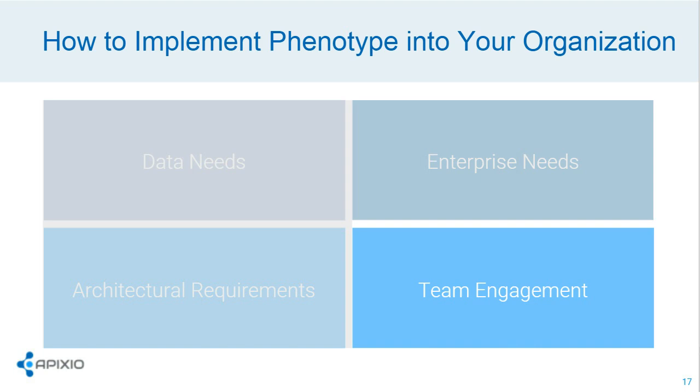These tactical leaders need to be engaged to socialize the value and educate the organization on the use of the phenotype within each of these key strategic and enterprise initiatives, as I'm mentioning here: risk, quality, care coordination, fraud, waste, and abuse, continuity of care programs.